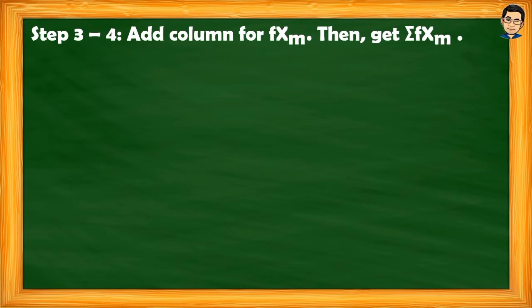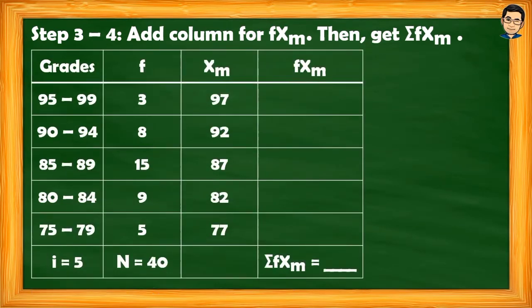Step 3 to 4. Add column for the product of the frequency and the midpoint, then get the summation. Step 3 and 4, pinagsama na natin. Next, yung frequency, multiply natin sa class mark or yung midpoint.